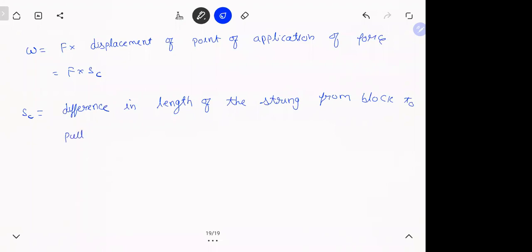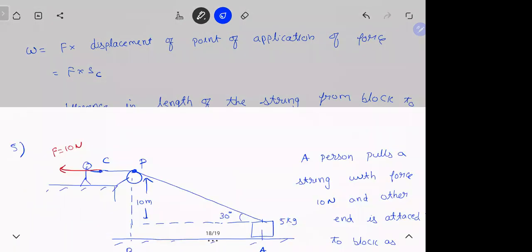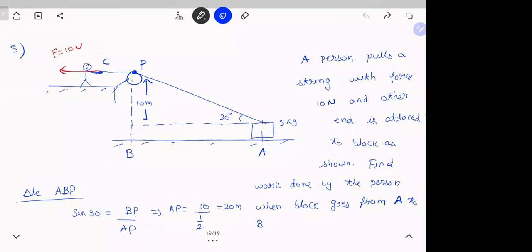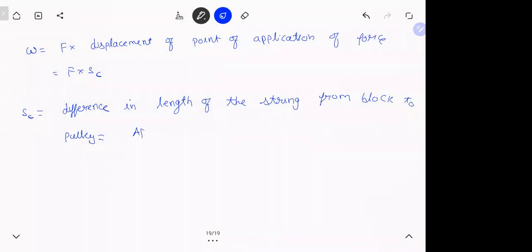Hope that statement makes sense. Whatever is this string from block to pulley and whatever is this string from block to pulley, that difference should have gone outside, no? If you remember, this was the first thing we did in the demo, first class, something similar. So here that is nothing but AP minus BP, which is 20 minus 10, so 10 meters. Done, no? So what is work done? Force into displacement, 100 joules.